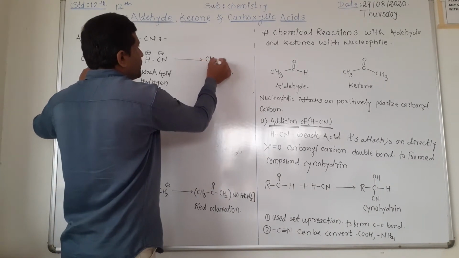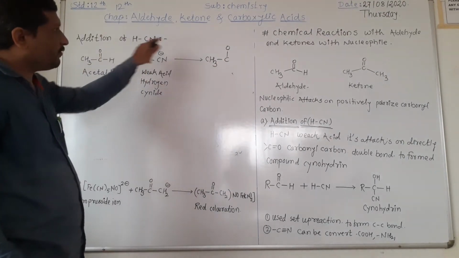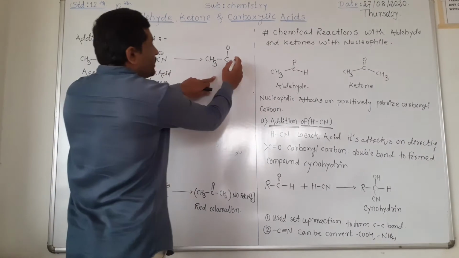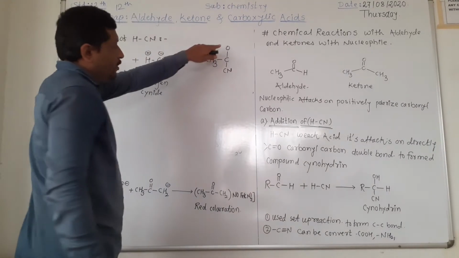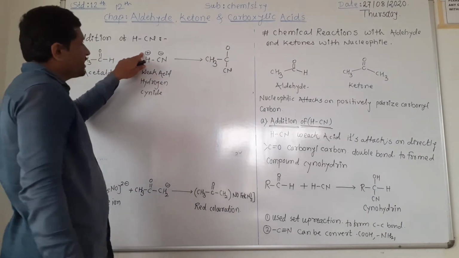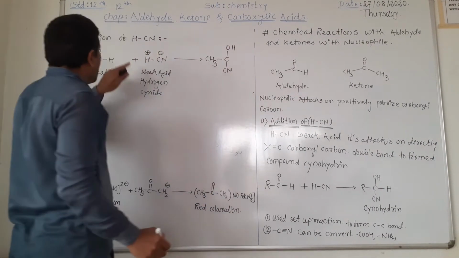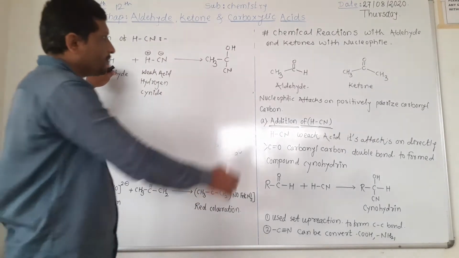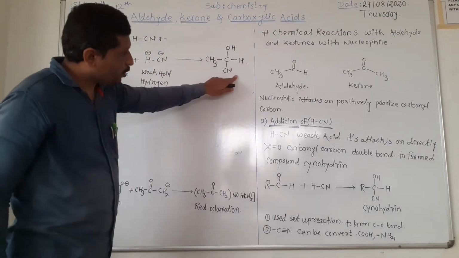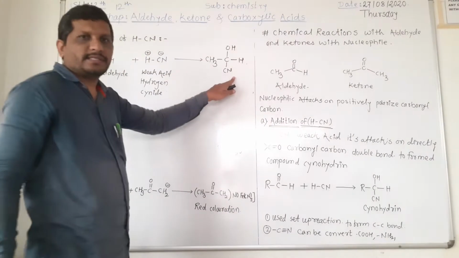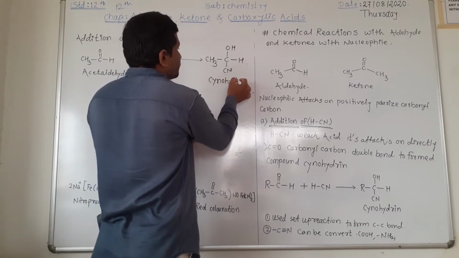Now the CH3 C double bond O is broken by nucleophilic attack on this carbon to form a carbon and cyanide single bond. And oxygen combines with the H+ ion to form the hydroxyl group, and the remaining carbon hydrogen bond is as it is, and this product is known as the cyanohydrin.